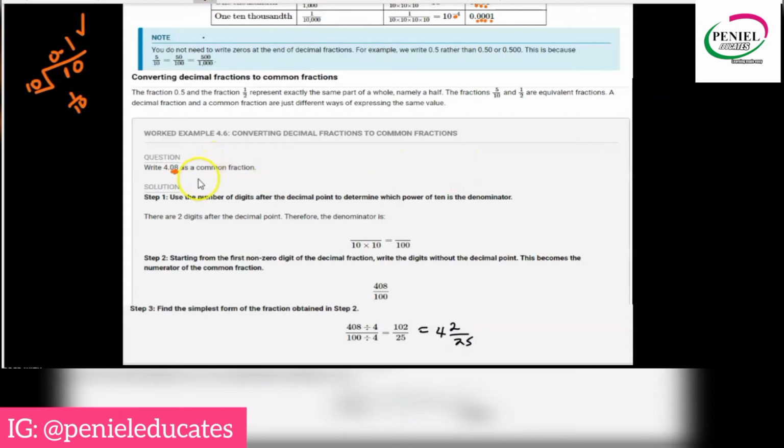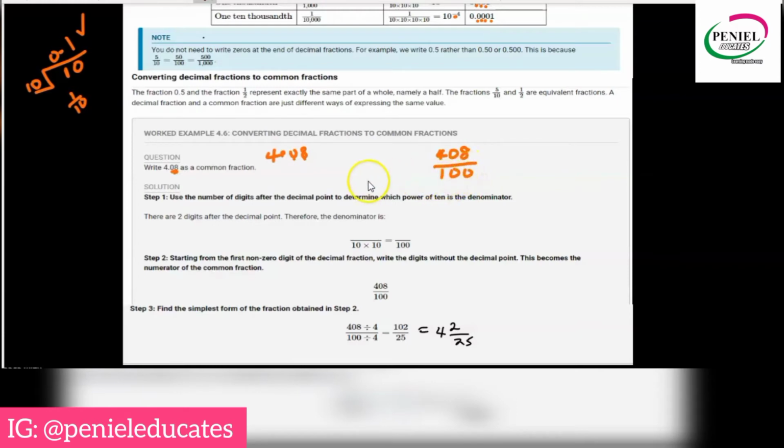What I will do here is write all the digits that are here. For 4.08, I write 408. Those are the digits there. Then how many digits are after the decimal? For 4.08, I have 1, 2. So I'm going to divide this by 100.